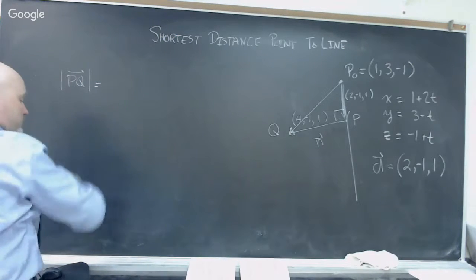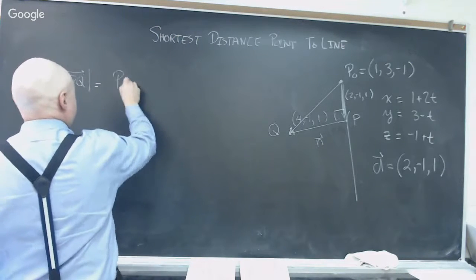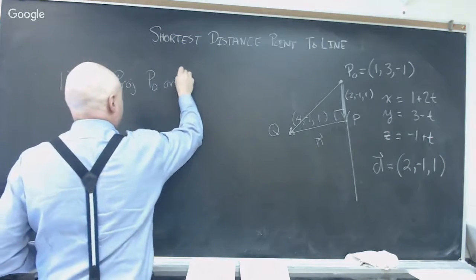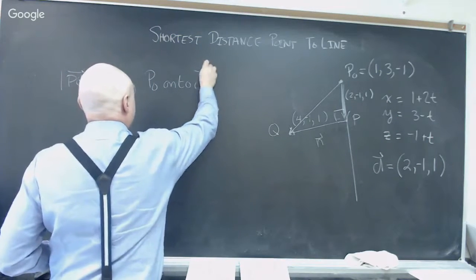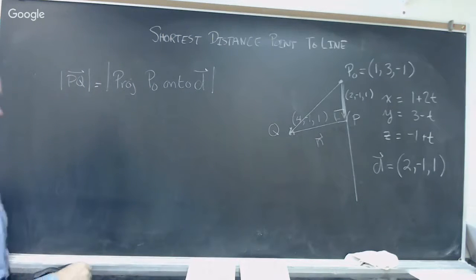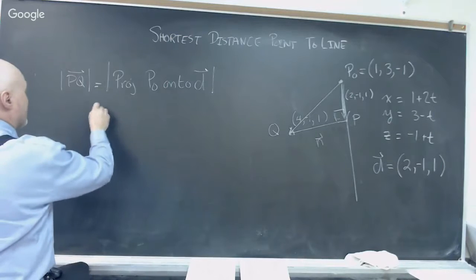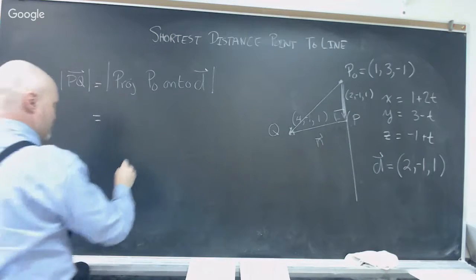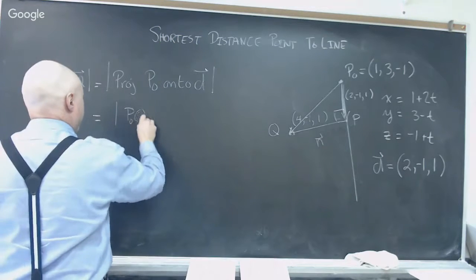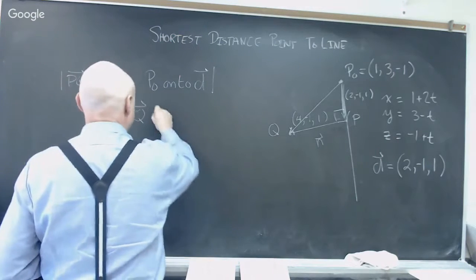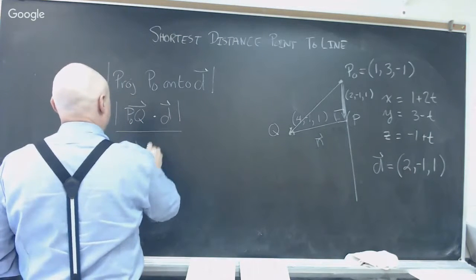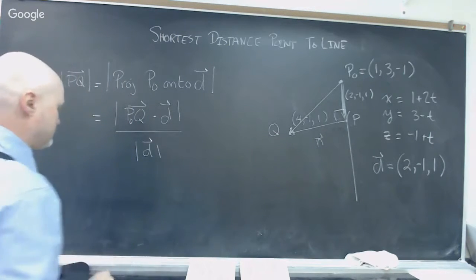Magnitude of PQ is going to be the projection of P naught onto D. And the projection of P naught onto D is P naught Q dot D over magnitude of D.